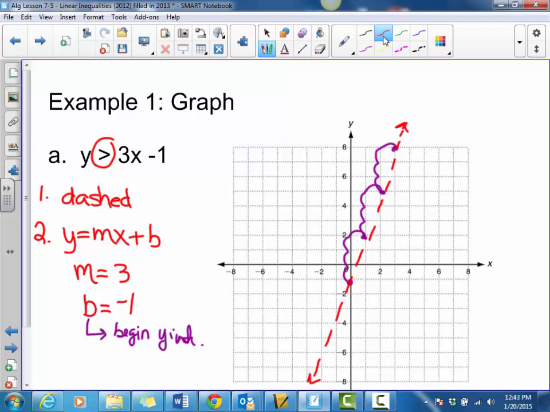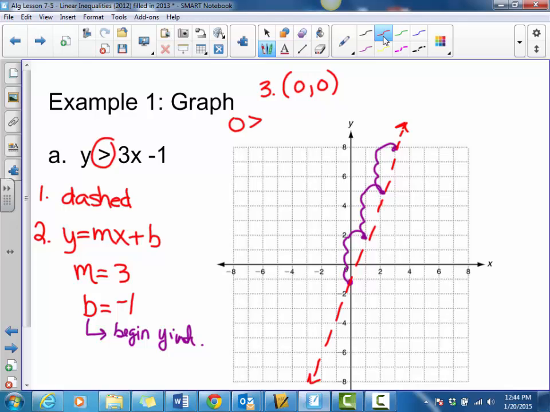Step number 3 says pick a point that's not on the line. The point 0, 0 is not on the line, and that's the easiest point to pick. So we're going to plug that back into our inequality and see if it makes it true.